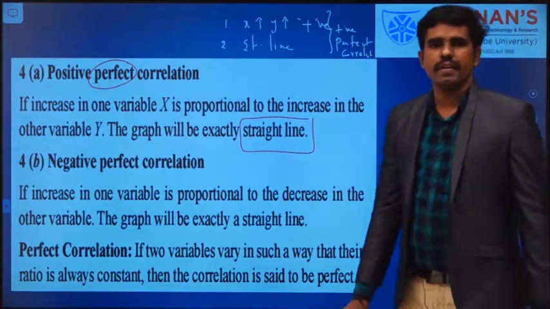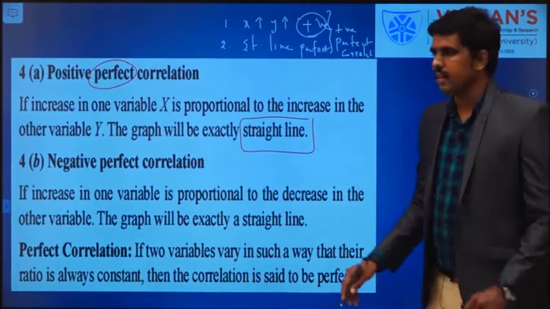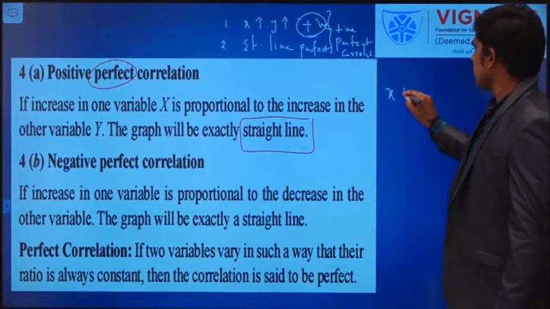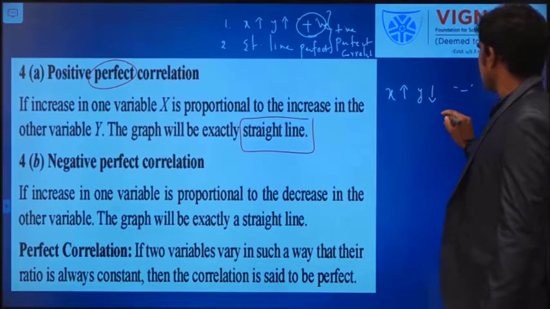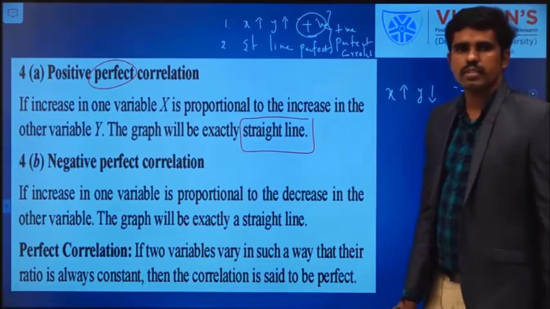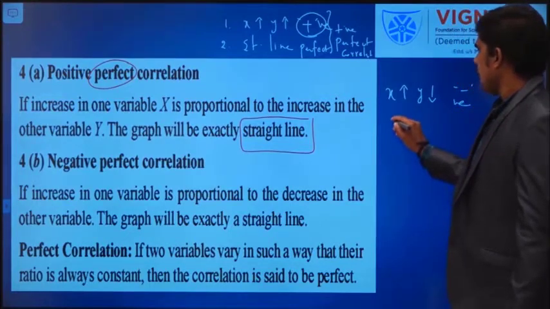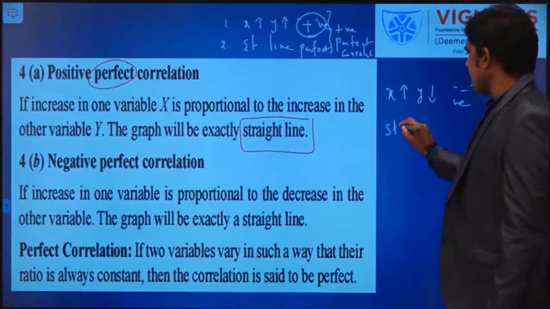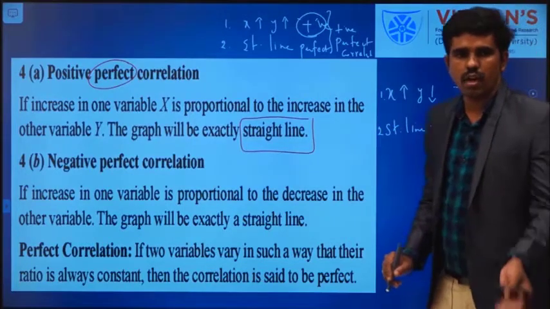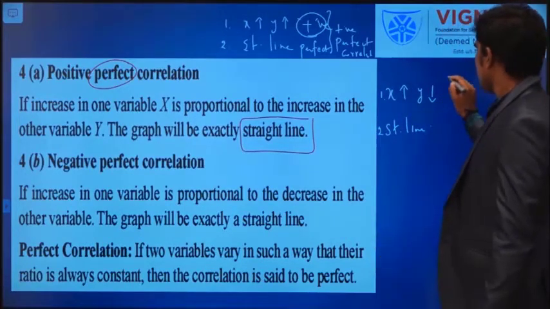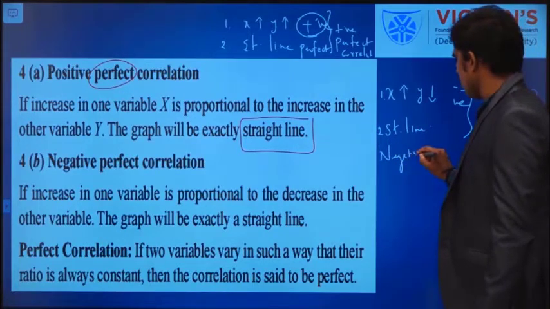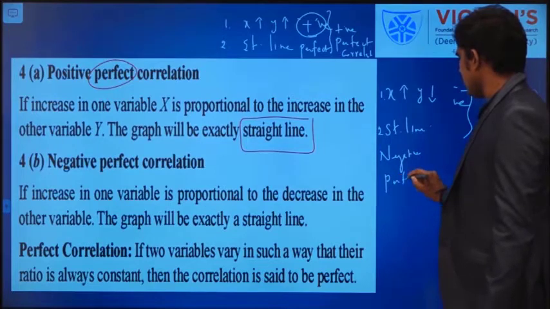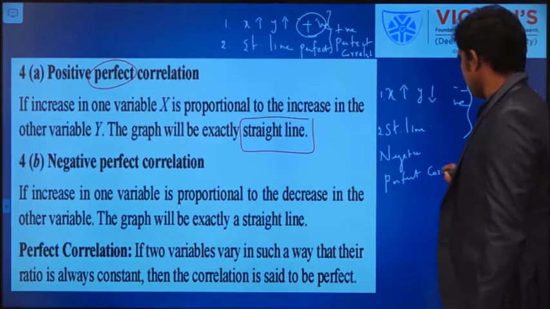Positive perfect correlation. On the other hand, if x is increasing and y is decreasing, normally we call this negative correlation. And if you plot all the points and get a straight line, then combinedly we can say negative perfect correlation.